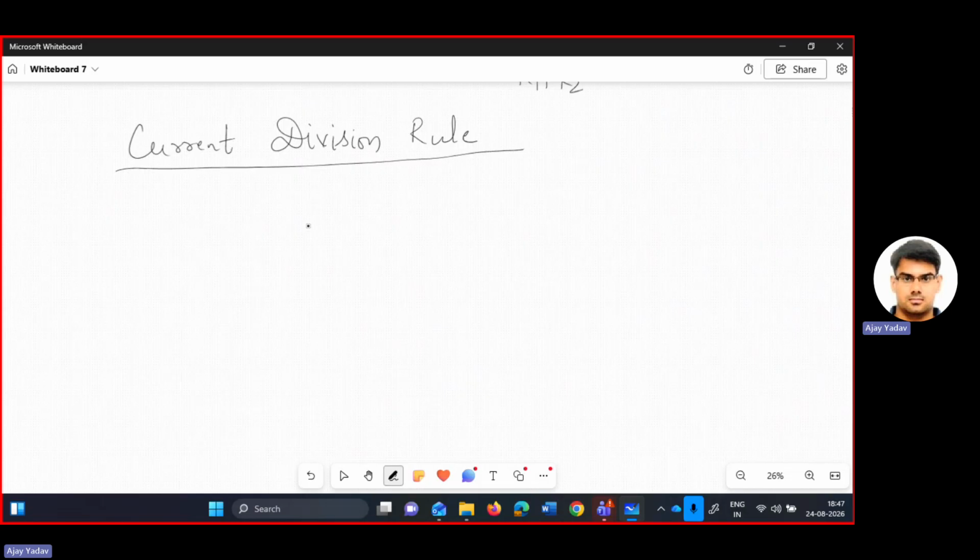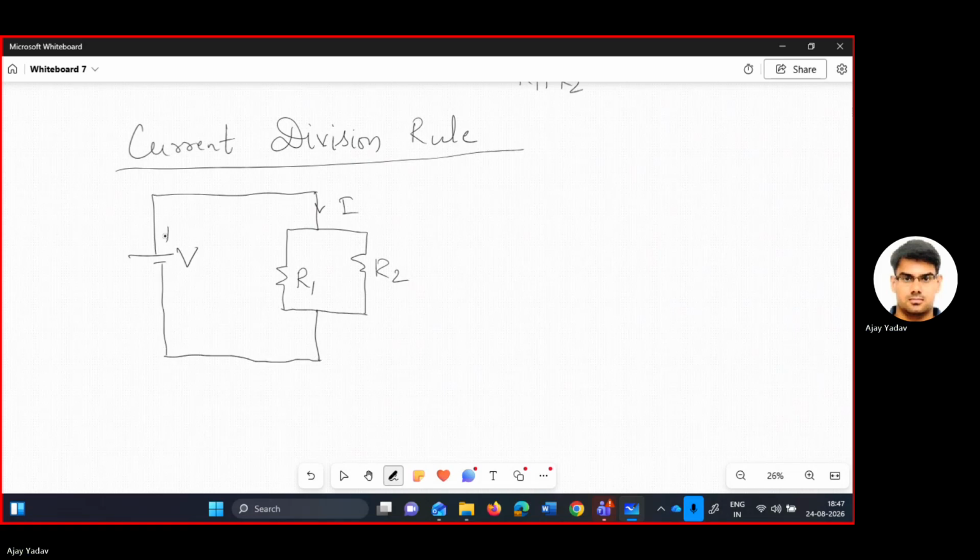Suppose you have three resistors, I'm taking two resistors for simplicity here instead of three, and I is the source current here. Again, you have a voltage source V. I1 is the current in this branch. I2 is the current in this branch.